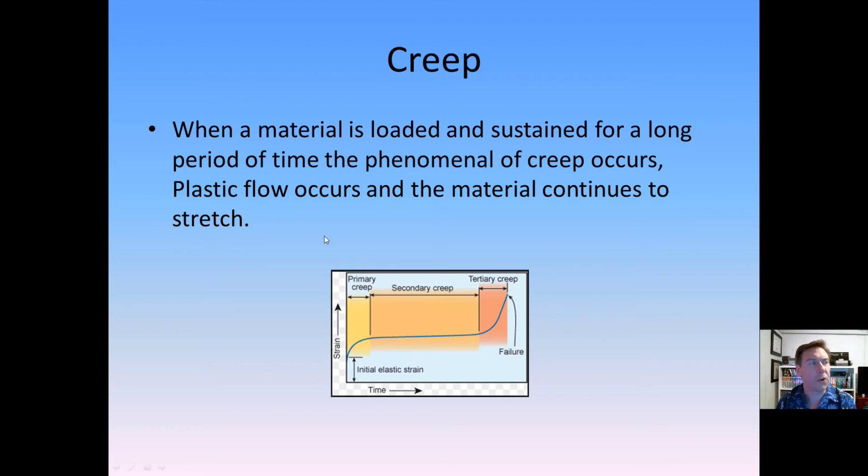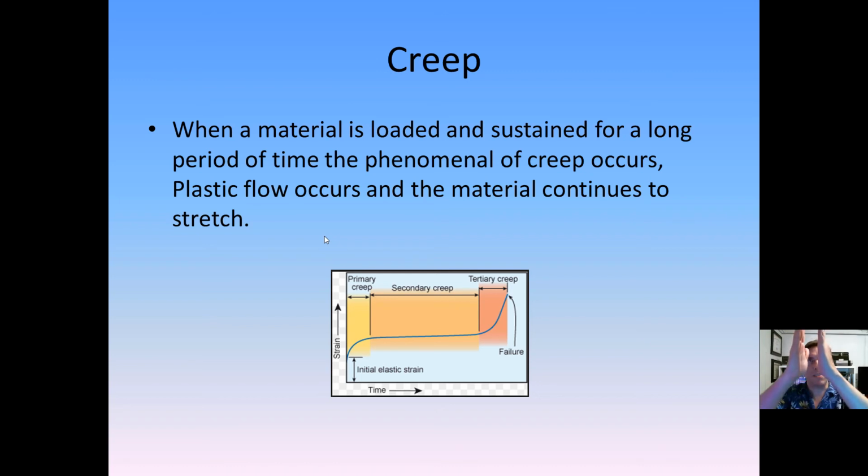Okay, then there's something called creep. It's when a material is loaded and sustained for a long period of time. This phenomenon happens where essentially the flow of the material occurs and it will actually stretch. Now, one of the neatest things I've seen, and I was able to find it on YouTube again, was glass that was made back in the 1700s that was on old buildings and structures.